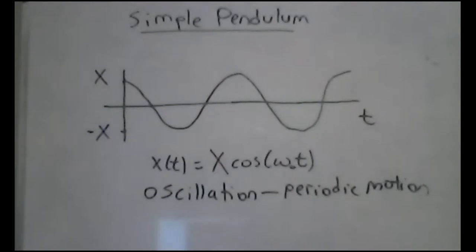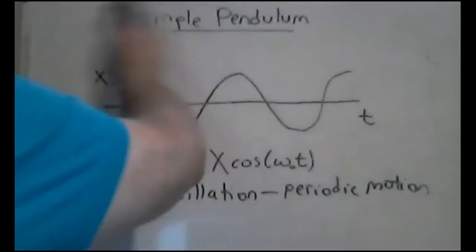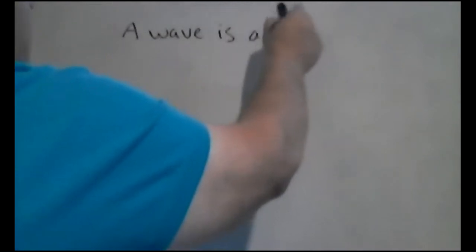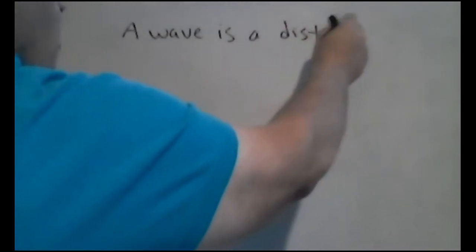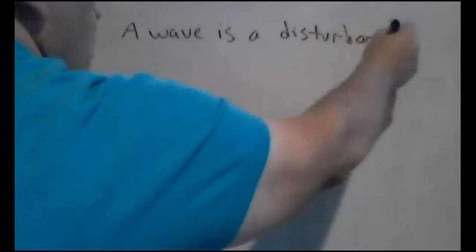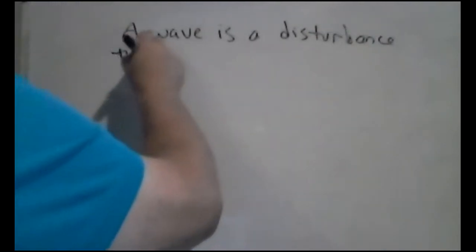Yeah, sure. What about waves, real waves? In this case, there's going to be a lot of similar language, which is a little bit confusing. But a wave is a disturbance that propagates.